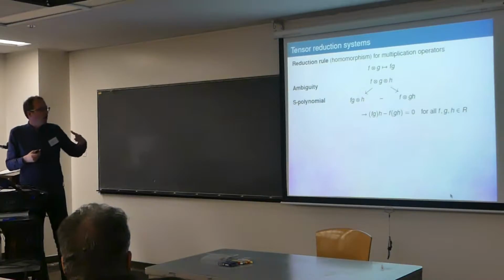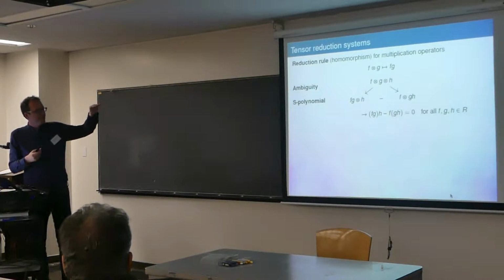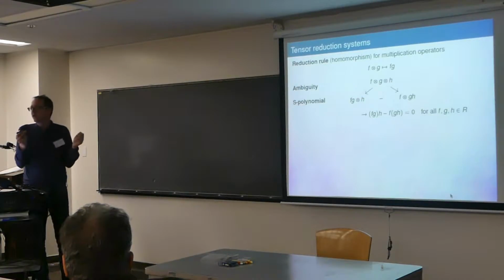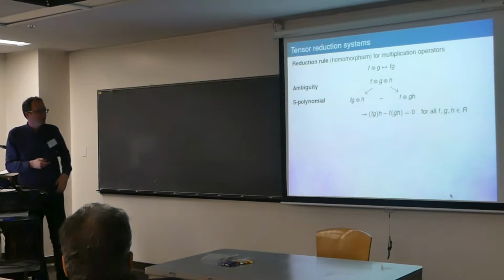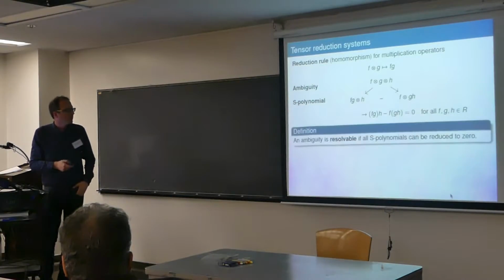And for the experts maybe, it's not a single S polynomial, but it's a family of S polynomials. For every F and G and H are just generic, and we have to show that it reduces to 0 for all F and G and H. But here it's very simple because we just use associativity.